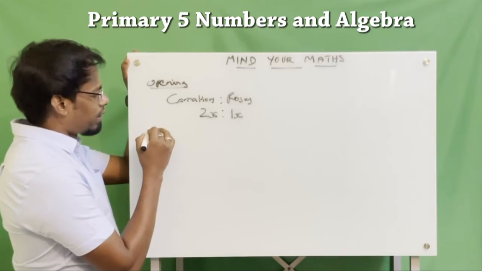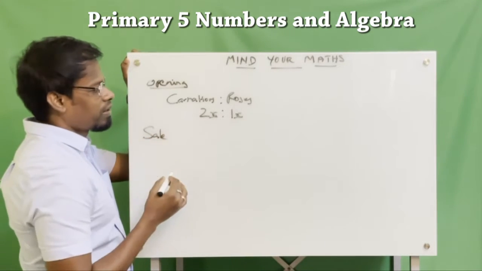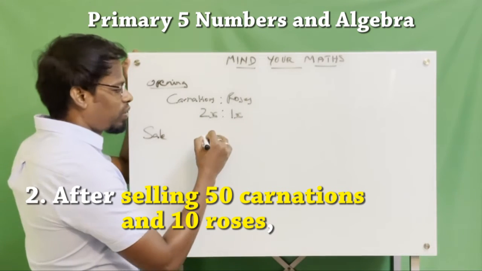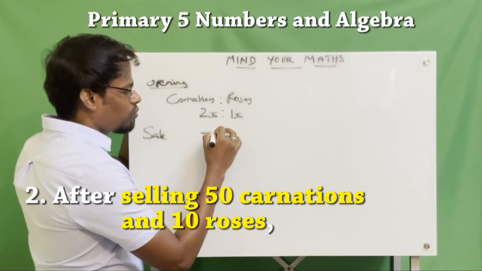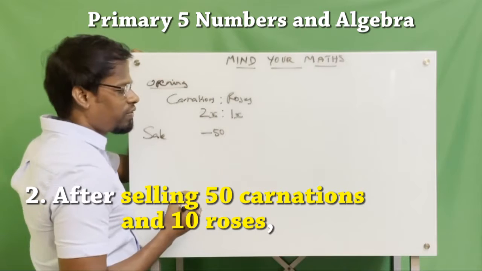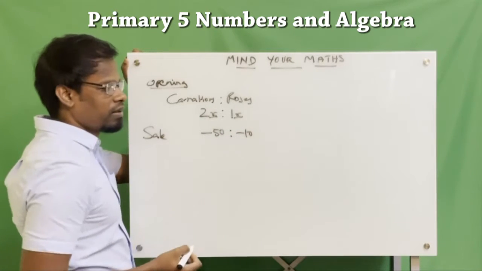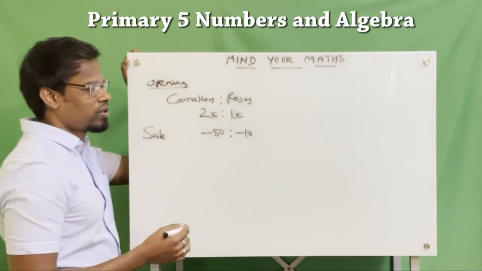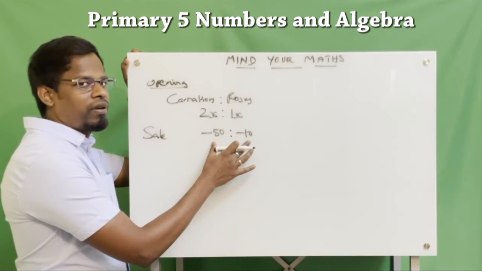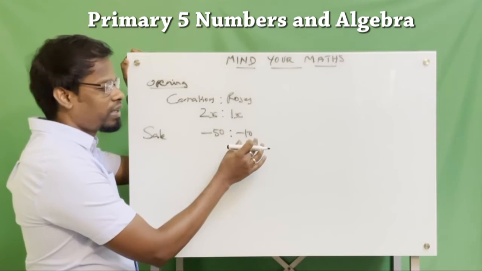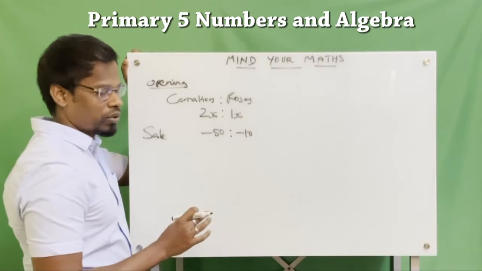Now there was a sale. During the sale, 50 carnations were sold and 10 roses were sold. Both sides were reduced, so the number got reduced.